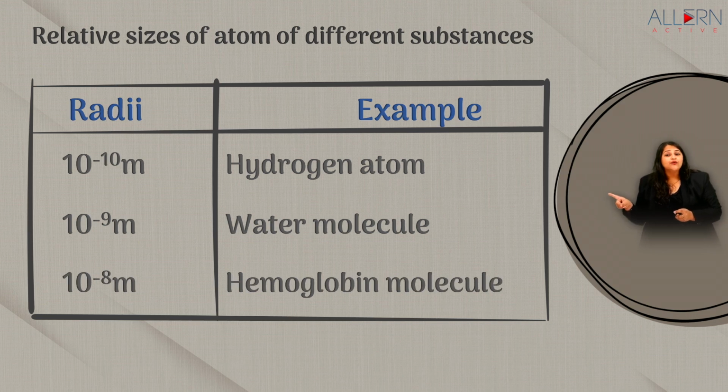Well, this is a molecule, this is a protein, an entire 3-dimensional protein structure. But still, it's going to have a central portion along with which we can measure the radius. So these are the examples of your different substances and their radii.